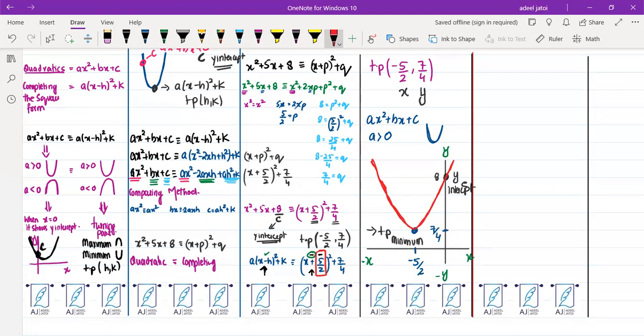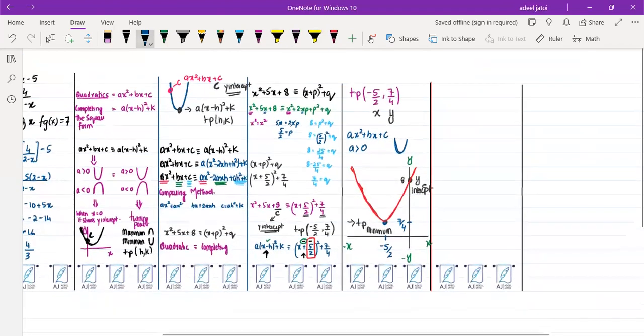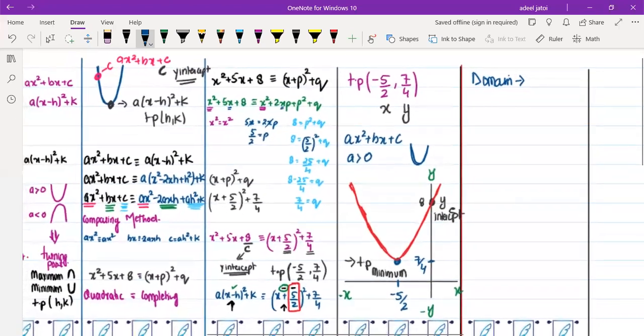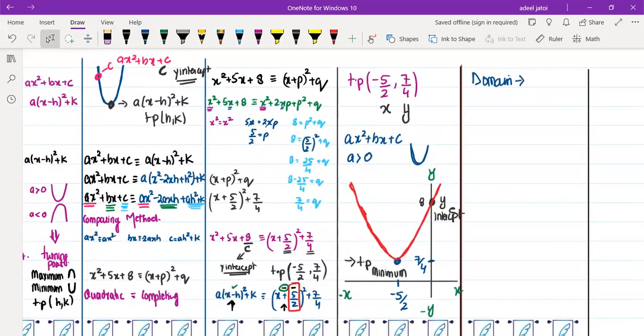Now, generally, the question that comes is with respect to domain. Domain is values of x. Normally the question says domain: x is an element of all the real numbers. That means any value of x can be taken into consideration. Now your range is the values of y.